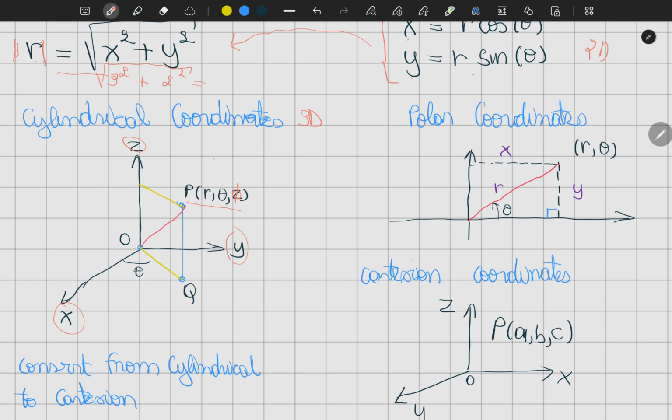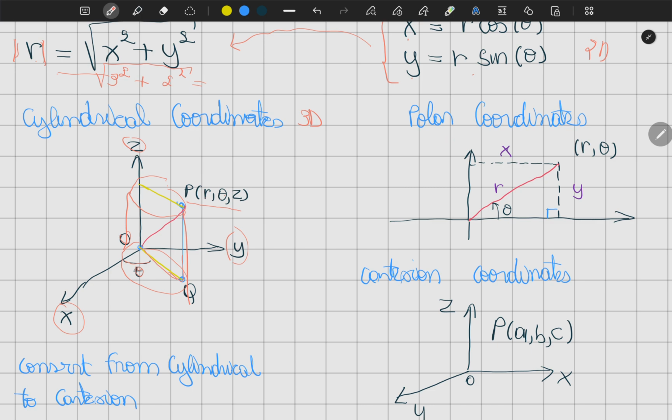So this is like a cylindrical coordinate. And this way you're going to find theta. So from 0, we could have something like a cylindrical shape, and that point. This is how you can represent them.